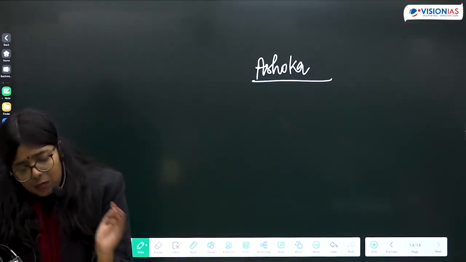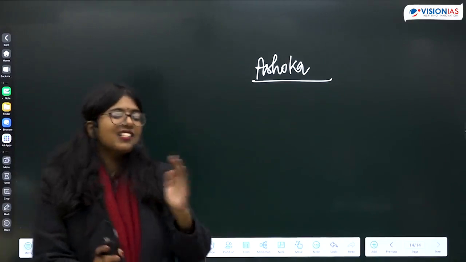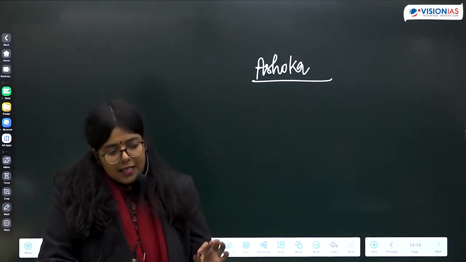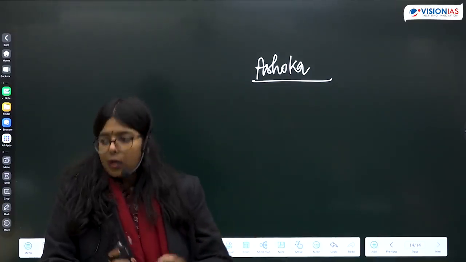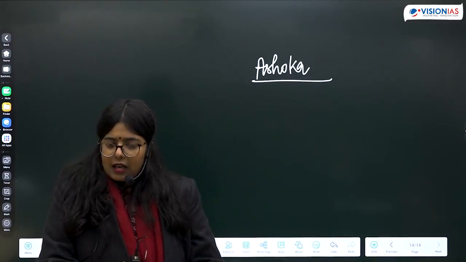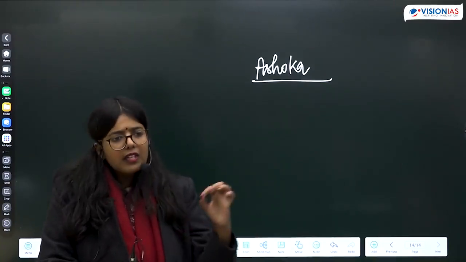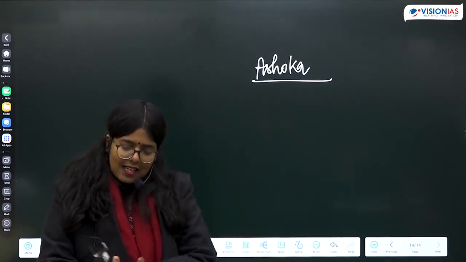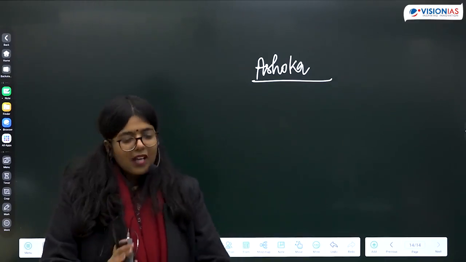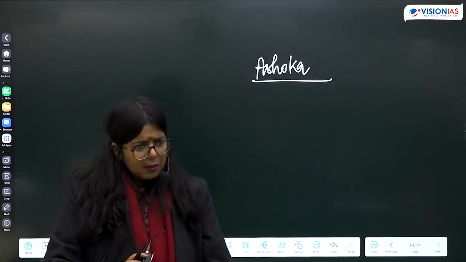In Buddhist texts, you will see this trope also, that they keep saying that Ashok is somebody who is very cruel, and they mention a lot of details about his cruel acts. Then they say that he converted to Buddhism and became a non-violent person.